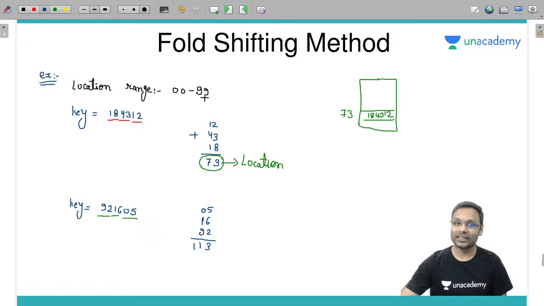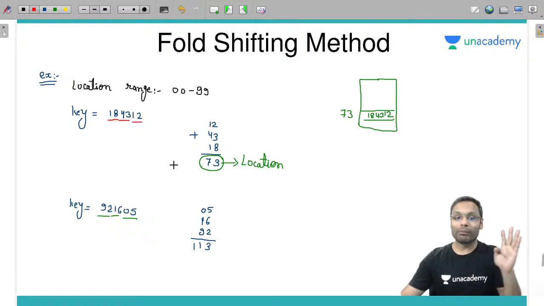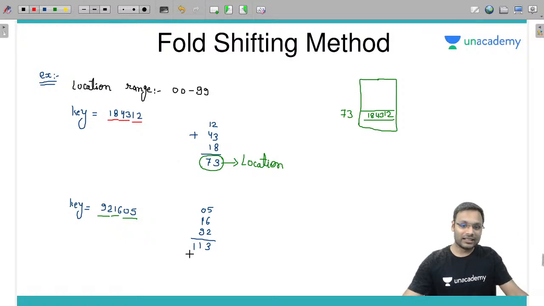Now 113, of course, is outside my location range. Typically, to understand as a normal person, I can say discard the carry. Whatever carry you get, discard it. The location you will get is 13. Location is equal to 13.